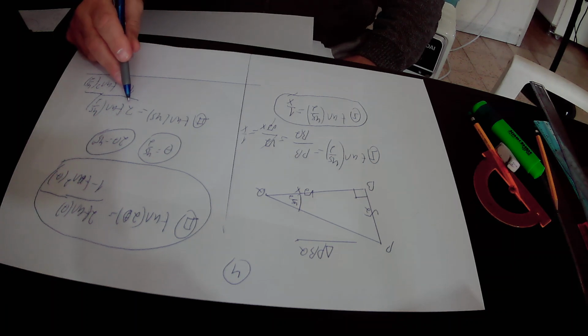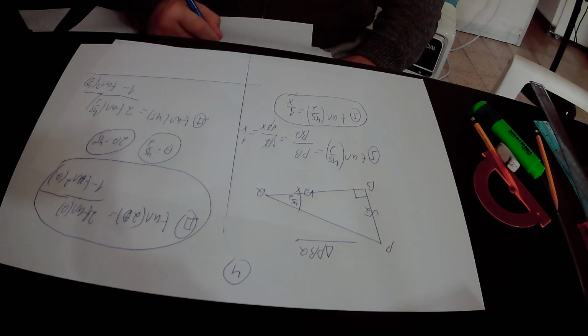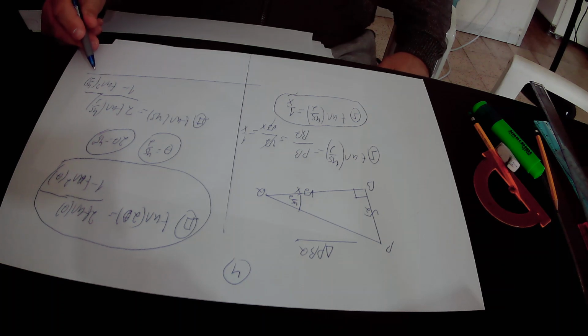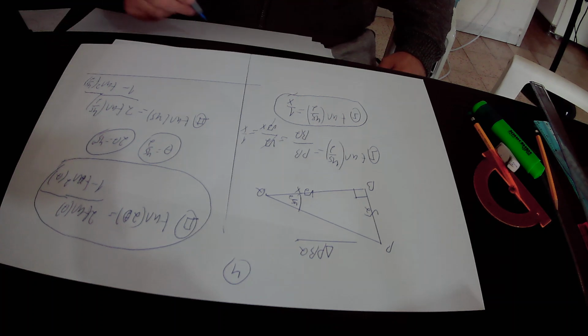So in the numerator we will have in total 2t over 1 minus tangent 45 over 2 squared. If tangent 45 over 2 is t, then tangent squared 45 over 2 will be equal to t squared.